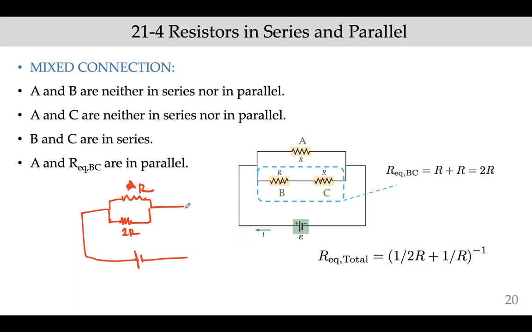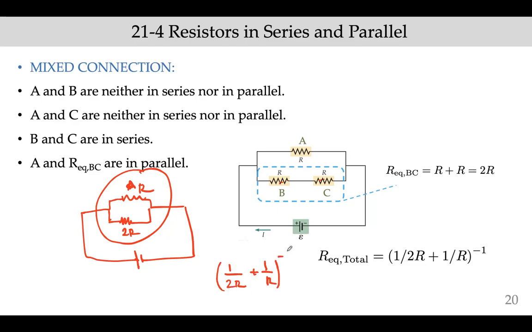And here's the battery. I will take one more step. Now I will calculate the equivalent resistance here. R and 2R are in parallel. What do you do when they're in parallel? You use this one: 1 divided by 2R plus 1 divided by R. This calculation would give me 1 over R equivalent.